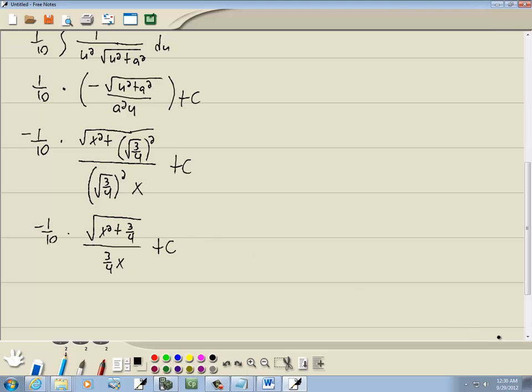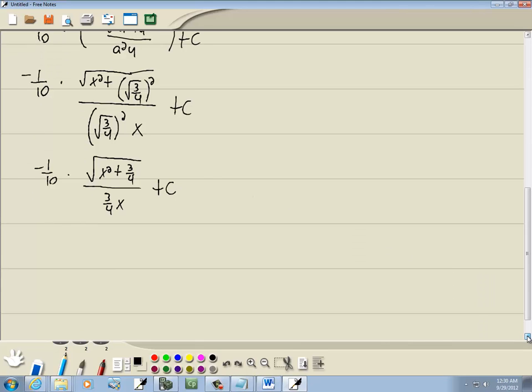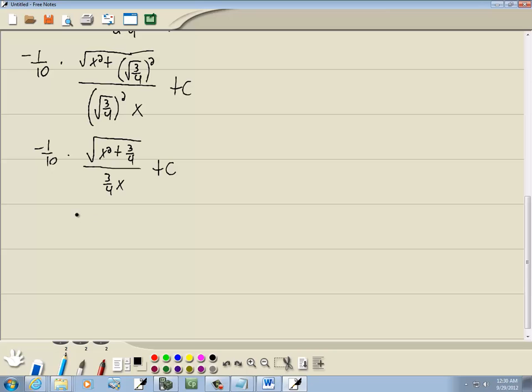Now you notice I didn't spend a whole lot of time getting rid of that square root. It just disappeared anyway, didn't it? It won't always, but now up on top, I don't want that fraction inside of that square root, so I can factor out a 1/4. So when I factor out a 1/4, that gives us 4x squared plus 3. And then I got 3/4 x here plus c.